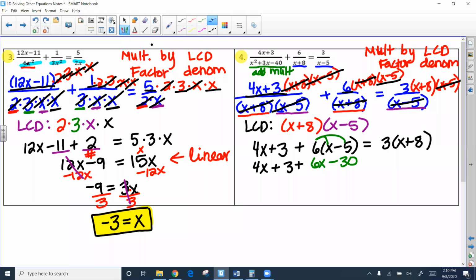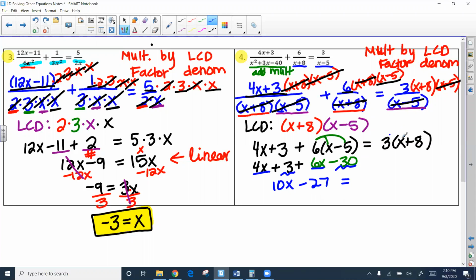When I combine like terms, since they're on the same side of the equal sign, 4x plus 6x is 10x. And then the positive 3 and the negative 30 combine to give me minus 27. Okay, so that's the left side: 10x minus 27.